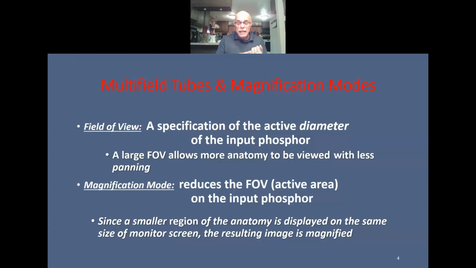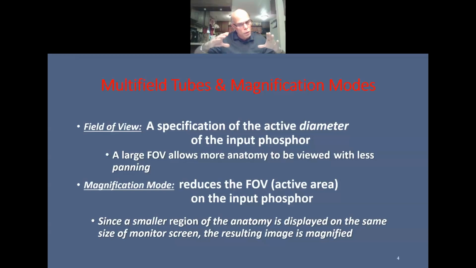It's a dimmer image, but the machine can compensate for that. But because of the dimmer image and the machine compensating, it's compensating at the sake of patient exposure. Your image resolution goes up really well. It's magnified.